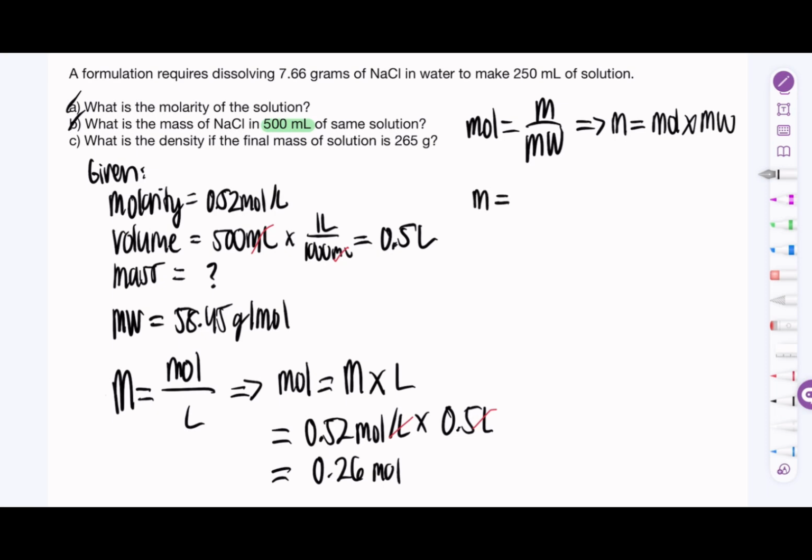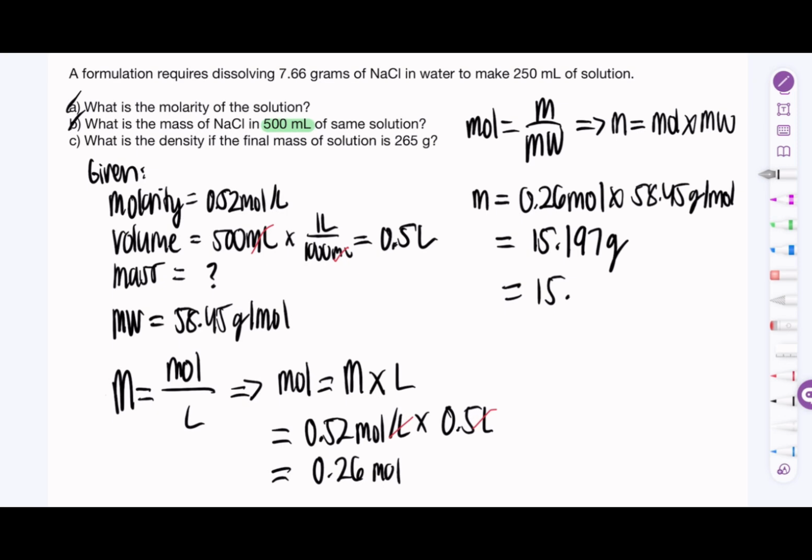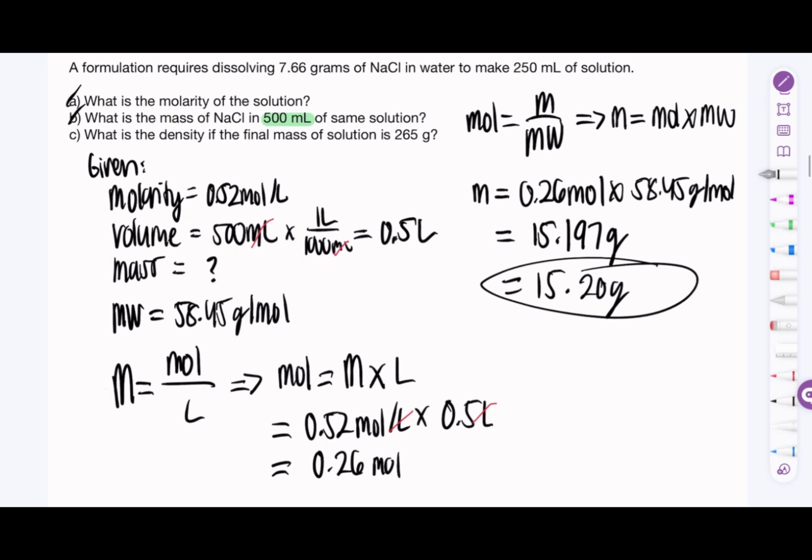So our mass will be equal to 0.26 mole times 58.45 grams per mole. So 0.26 times 58.45 is 15.197 grams, or 15.20 grams. So this will be the mass of sodium chloride in a 500 milliliter solution.